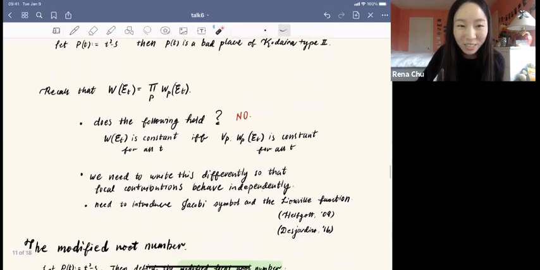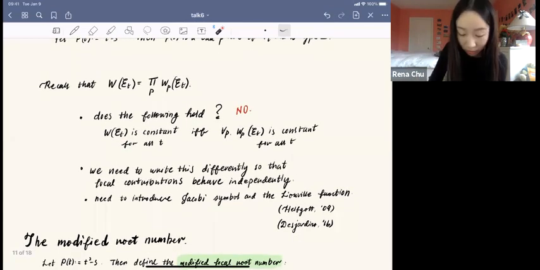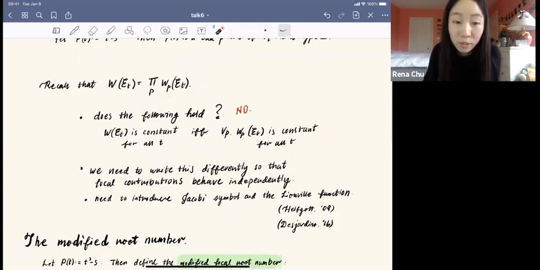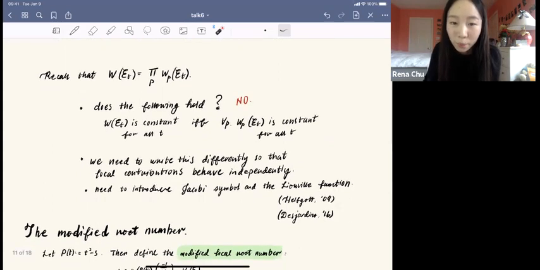What we do is essentially we need to rewrite the right-hand side so that each local contribution, so each w_p, behaves independently. And this is done by introducing Jacobi symbols and the Liouville function, and much more detail is given in Helfgott and Desjardins.